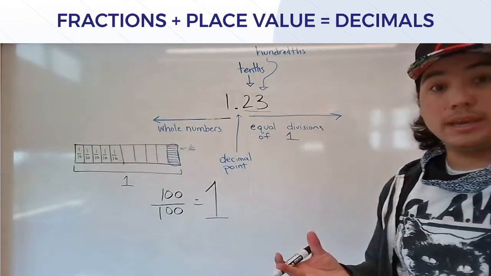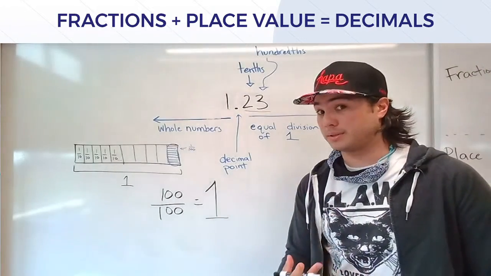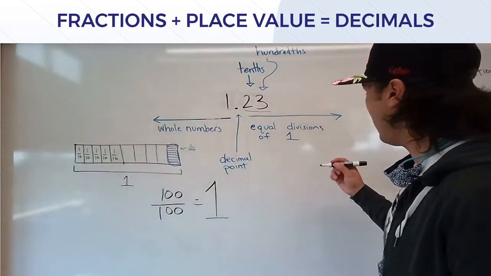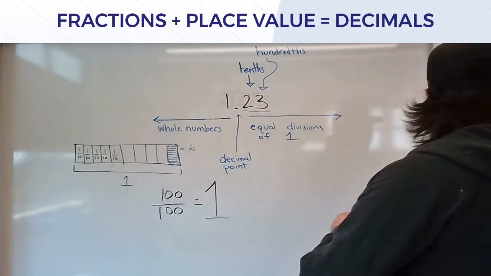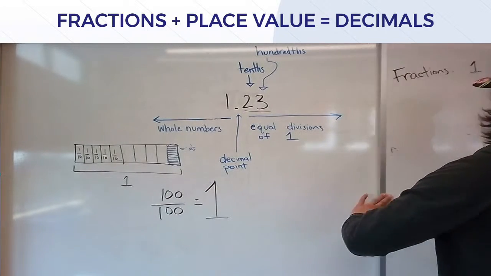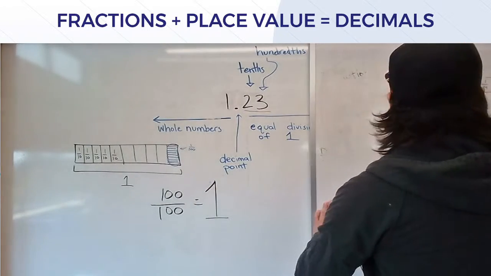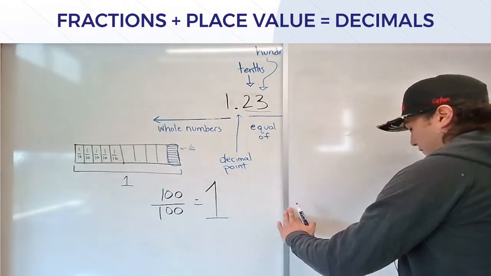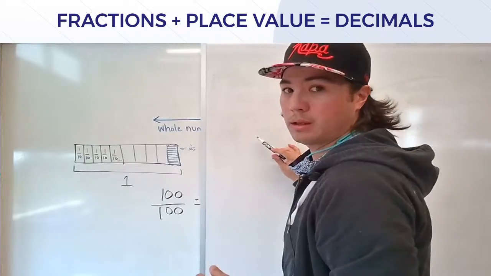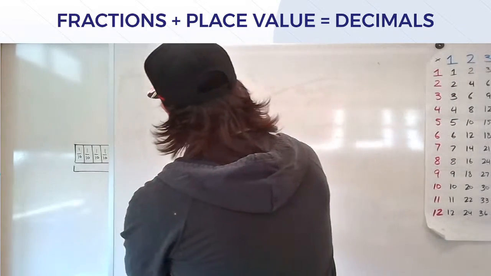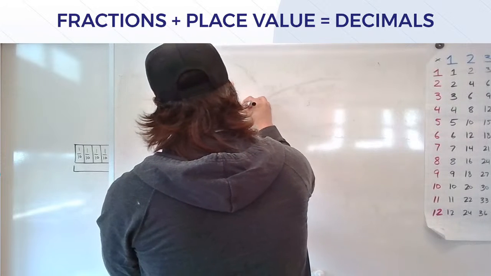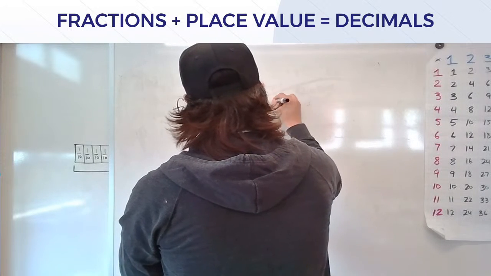That can get tricky when there's some zeros in the middle. I saw a little bit of this yesterday on the exit ticket. If you have something like, let me erase my sideboard here, and we'll do a practice one just as a review. But if you have something like, let's say we have 4 and 8/100.